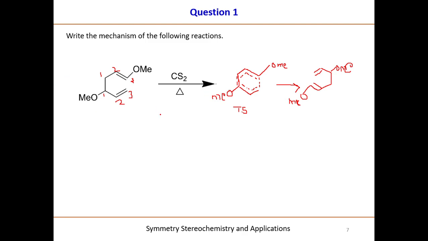So this is a concerted mechanism. The reaction proceeds through a cyclic transition state, and the transition state generally adopts a chair conformation. So here it undergoes the reaction with a chair conformation. I am writing here. Suppose this is a chair.